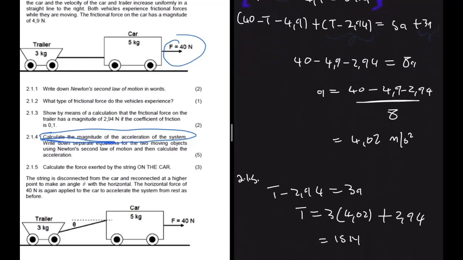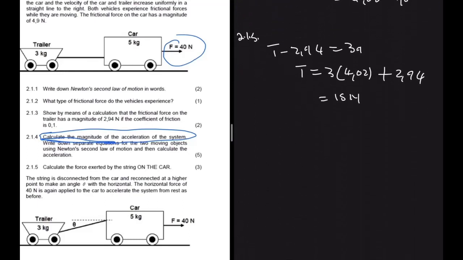So the tension on the car is 15 newtons, pulling the car backwards, right? And the tension pulling the trailer forward is also 15 newtons.